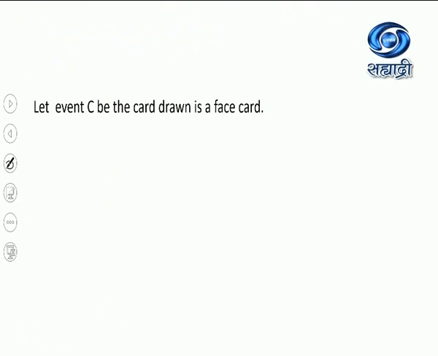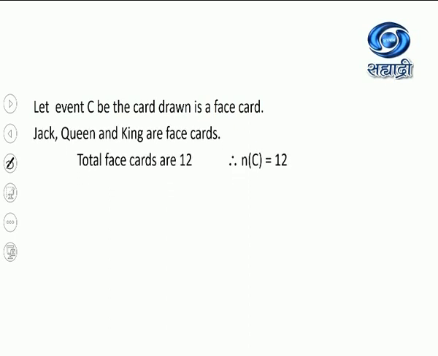Now, third part. Let event C be the card drawn is a face card. You all know how many total face cards are there? There are 12 face cards. Therefore, N of C is equal to 12. So now let me use the formula. P of C is equal to N of C upon N of S, that is equal to 12 upon 52.